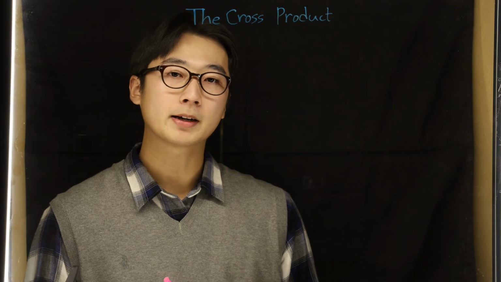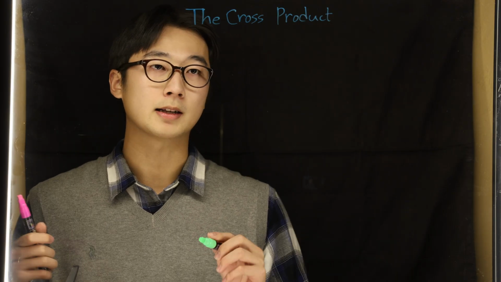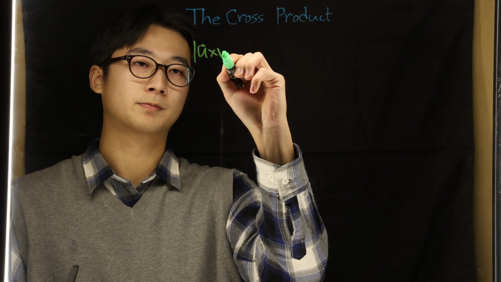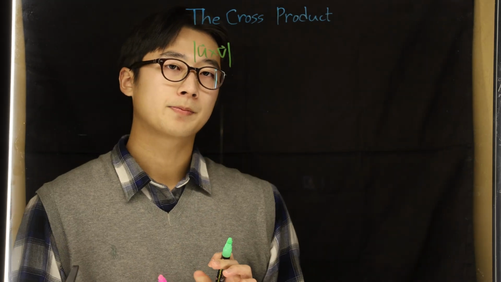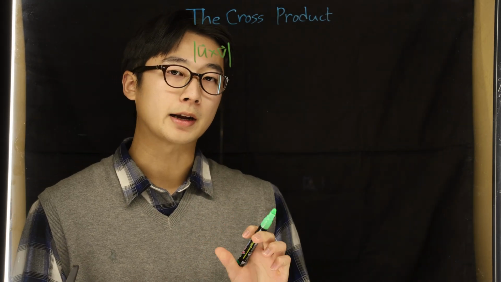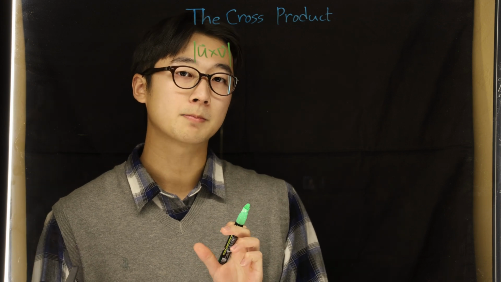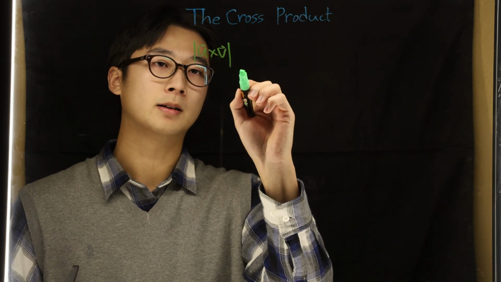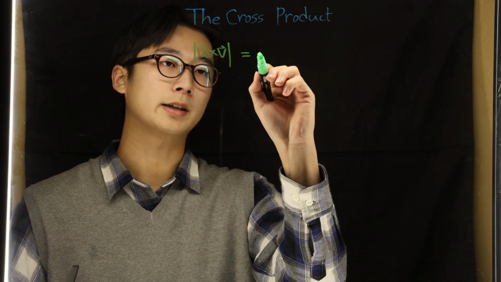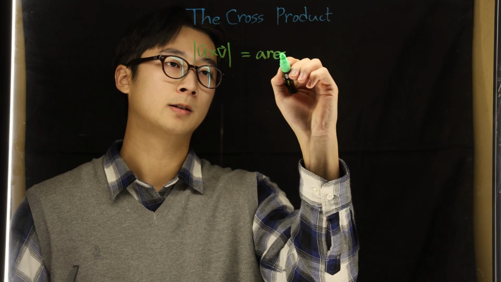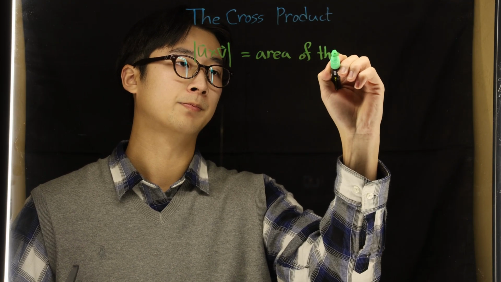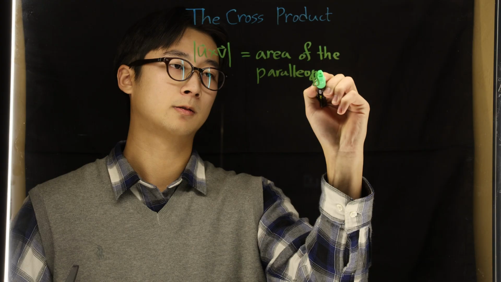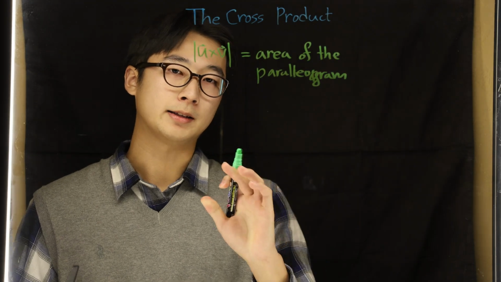When you find the magnitude of u cross v, this gives you the area of the parallelogram determined by the two vectors u and v.